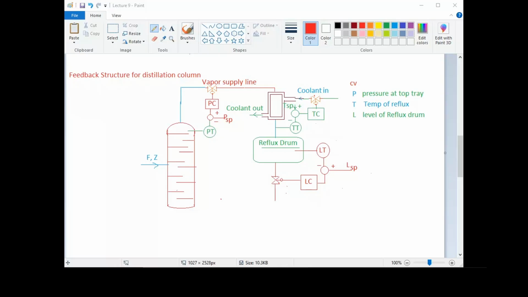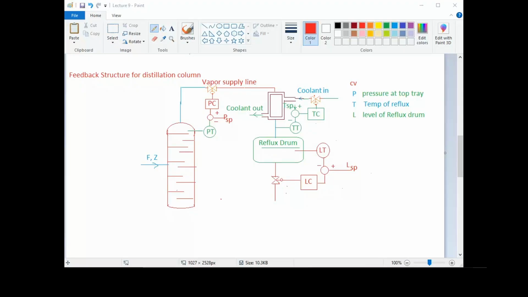Yes. After getting the reflux, what will happen in the distillation column? Okay, okay. Avnish.